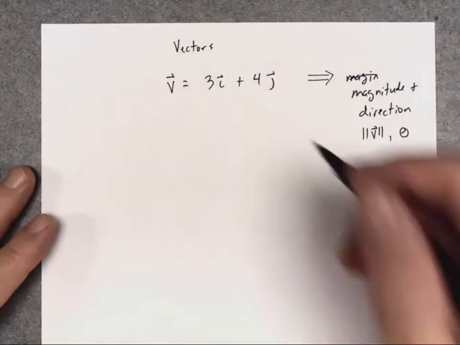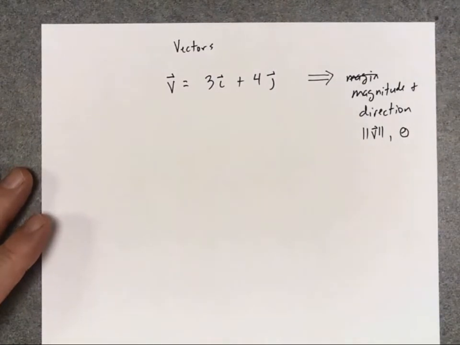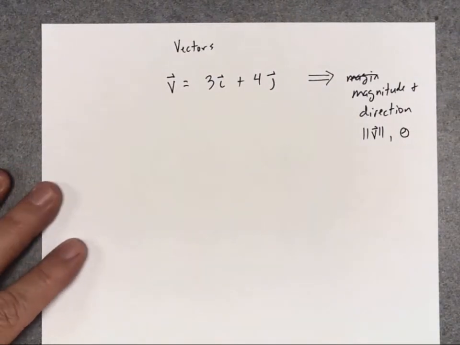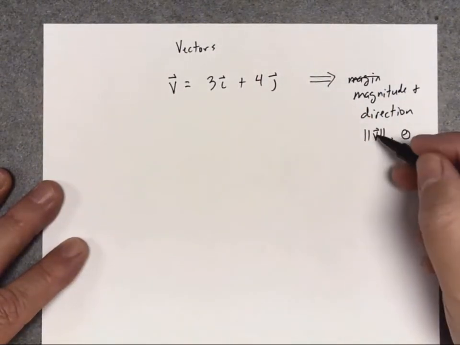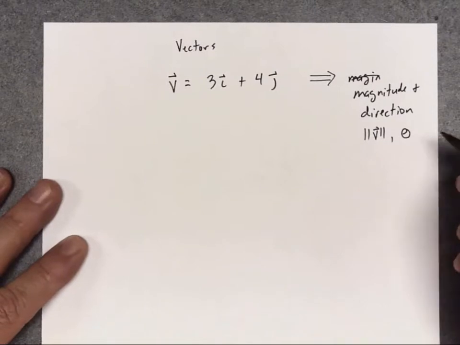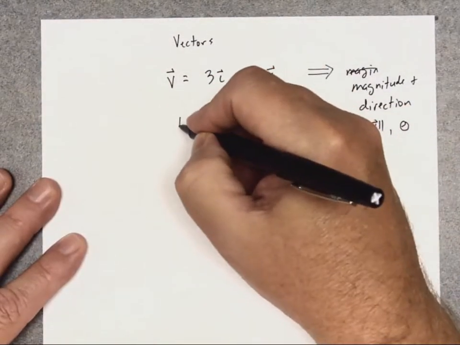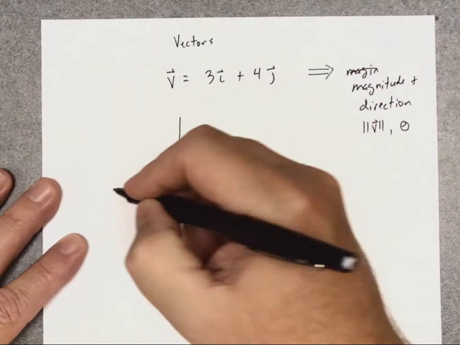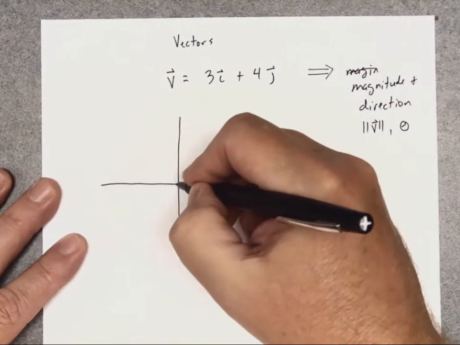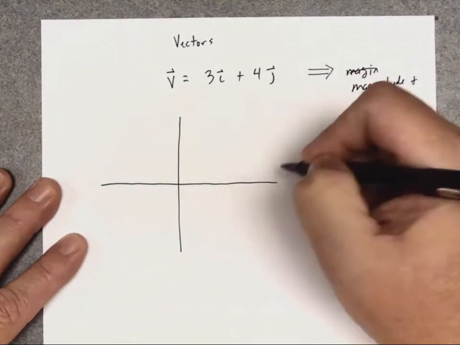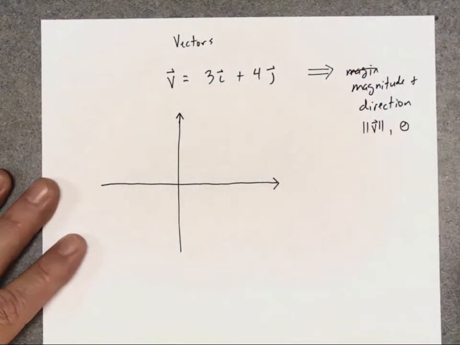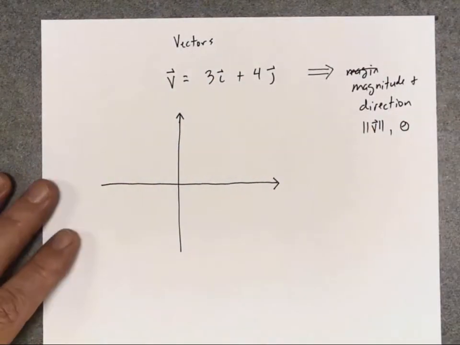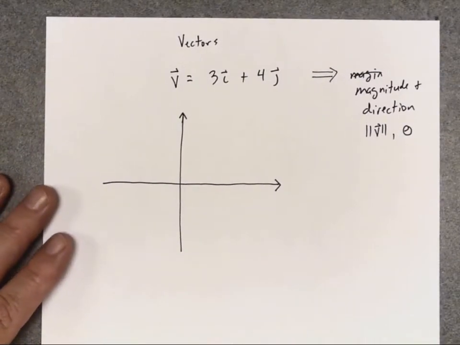So let's graph this vector, and by graphing it, I will just quickly show you how we come up with a way to convert an IJ vector into magnitude and direction. And what we're going to do, as I show you this, is going to be something you've really seen before, because it really involves some basic trig functions that we have learned a while ago.